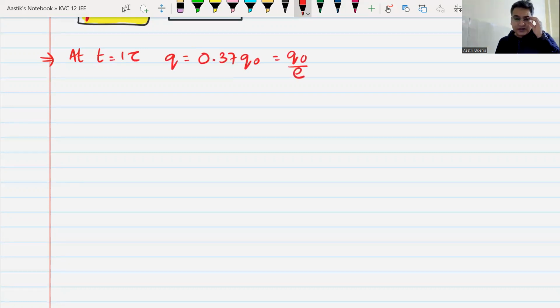So from here we can write the definition of the time constant. The time constant of the discharging circuit is the time taken by the capacitor to decrease its charge from the maximum value to 37% of the maximum value. Do we understand this?